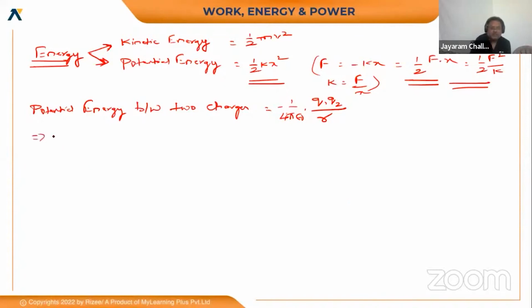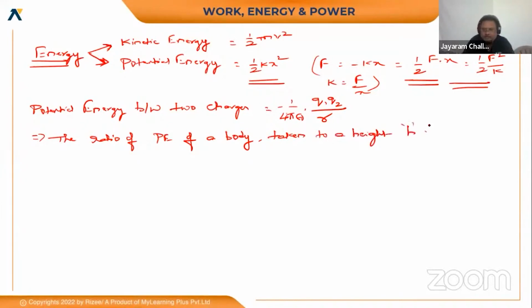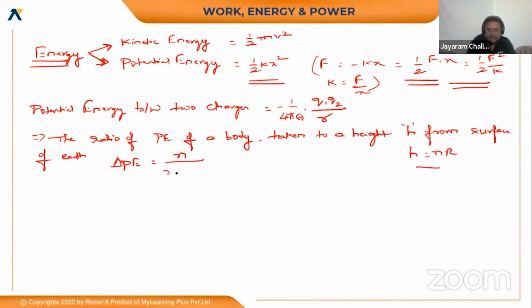Now, what is the next point? The ratio of potential energy of a body, suppose I want to take it to a height h from the surface of the earth. The change in potential energy, or work done, will be equal to delta P. Here, where h is equal to n times R, the same formula can be written as n by n plus 1 into mgR.